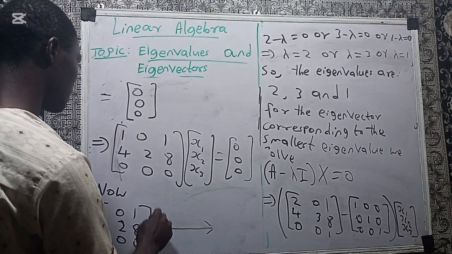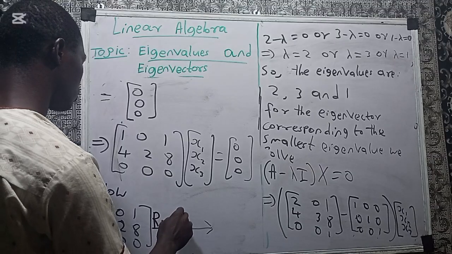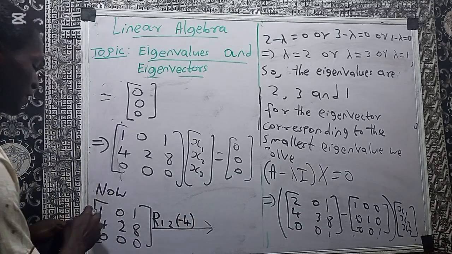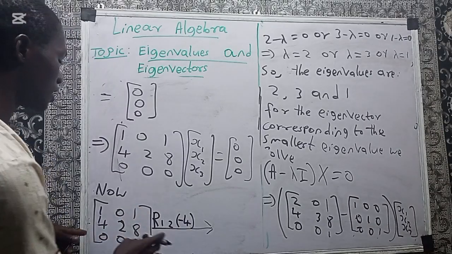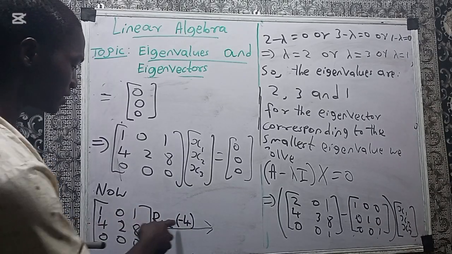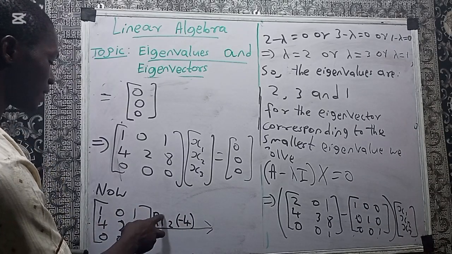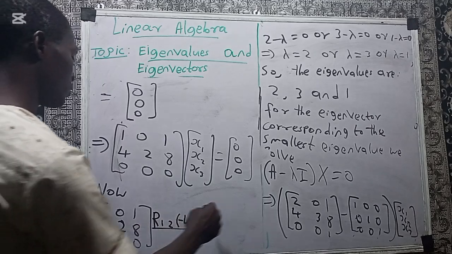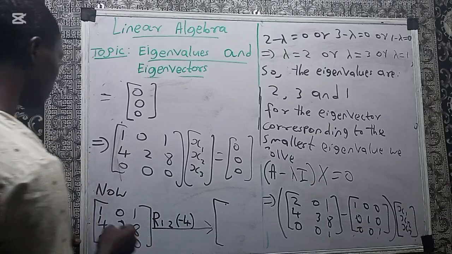So how do I do that? I'm going to multiply the first row by negative 4 and add it to the second row. So that's the thing I wrote here. Negative 4 multiplied by the first row, then I'm adding the result to the second row. So with this, I will do that.